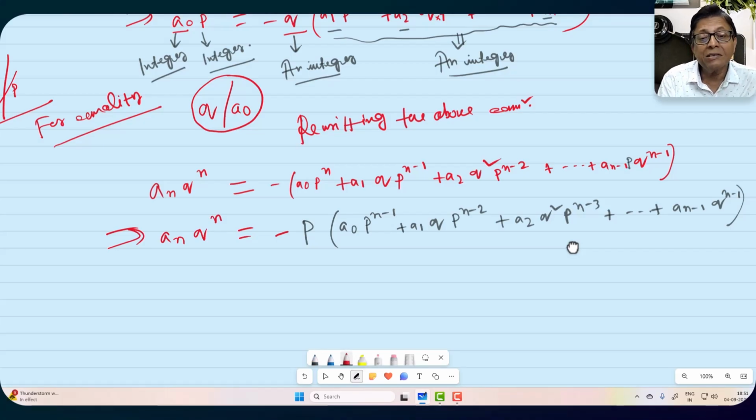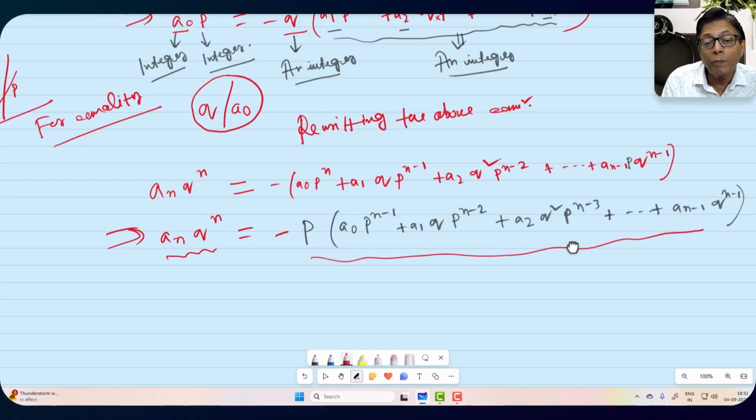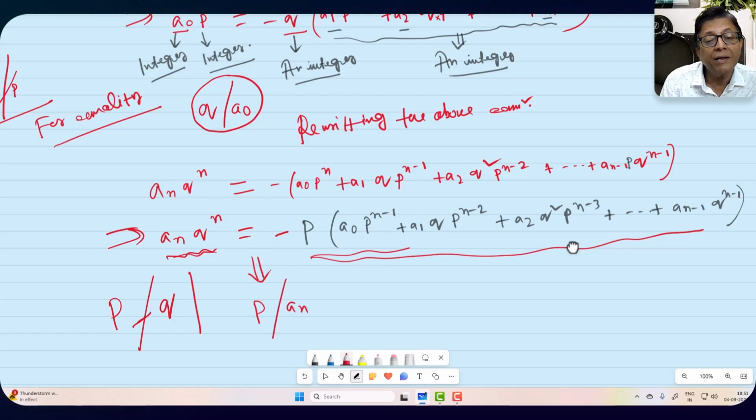Again, left hand side, this whole thing is an integer, right hand side is an integer, and you know p will not divide q. So to keep this in the form of equality, this implies that p must divide an. P has to divide an.